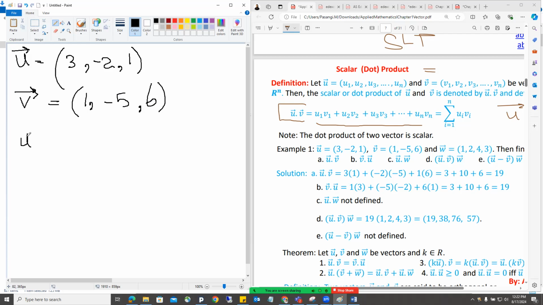To calculate u dot v, we need to consider the dot product of these two vectors.